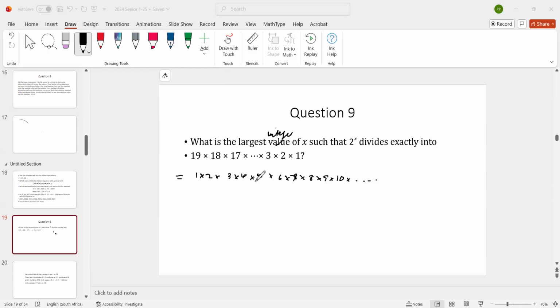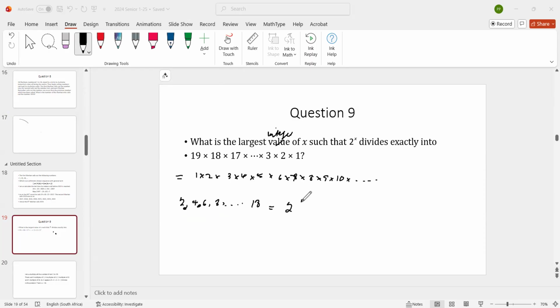Okay. Now, what are the multiples of 2 here? So you've got 2, 4, 6, 8, up to 18. Now, how many 2's are there? The twos are here, not in the odd numbers. So just isolate only the even parts here, and you've got 9 twos.